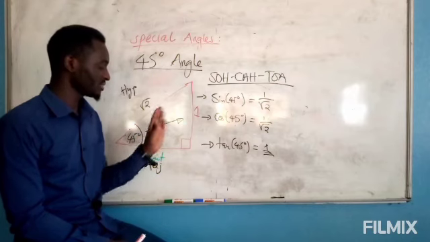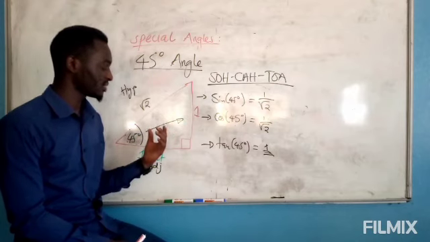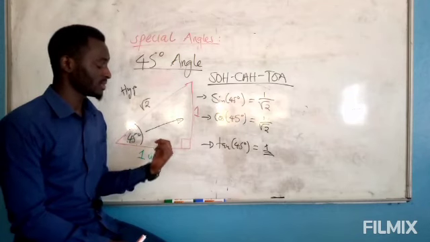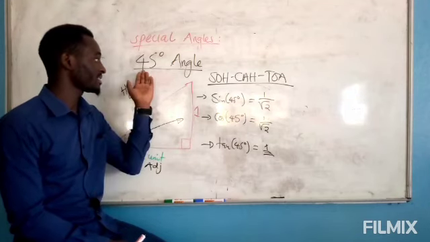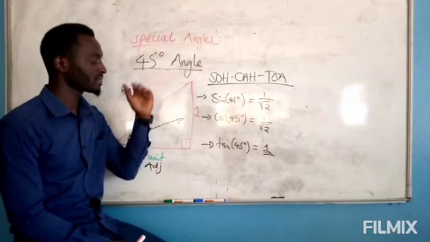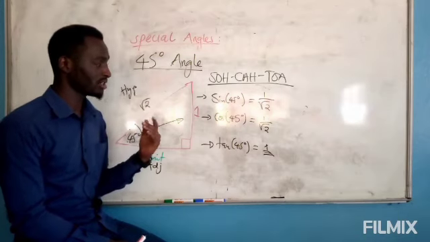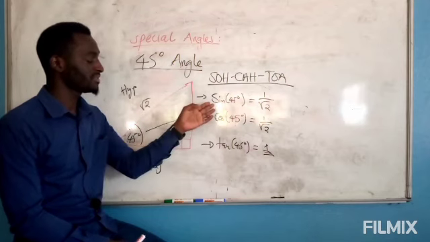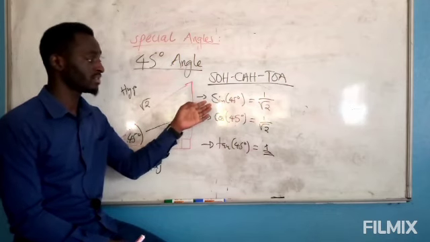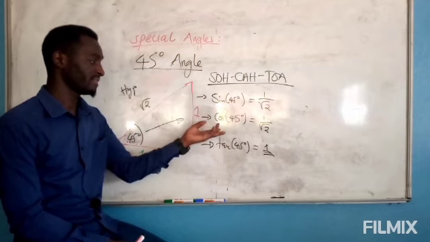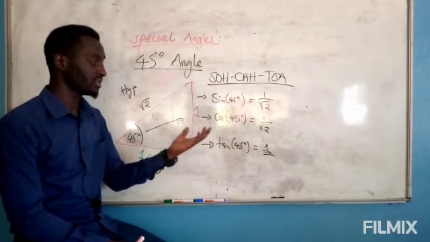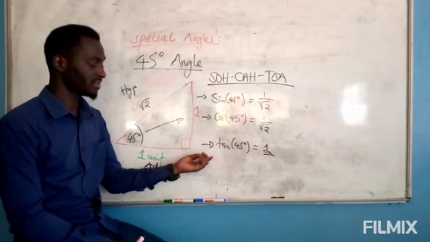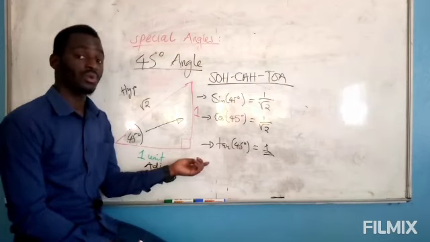That being that this right-angled triangle happened to be an isosceles, meaning that the two base angles are 45 degrees. And that's what we are looking for, because we are focusing on the 45-degree angle. And after we applied SOHCAHTOA, we realized that sine 45 degrees is equivalent to 1 over the root of 2. Cos 45 degrees was also equivalent to 1 over the root of 2. And tan 45 degrees was equivalent to 1.